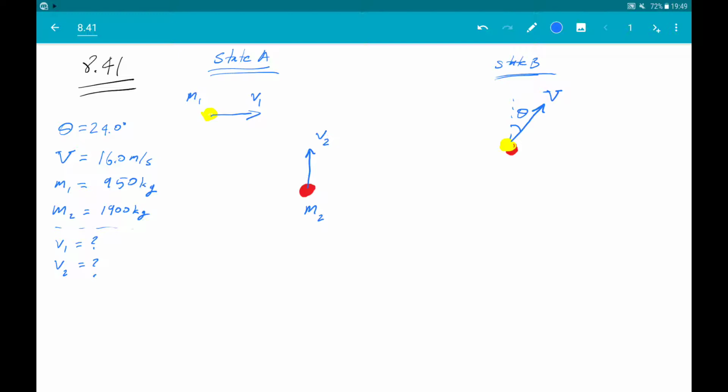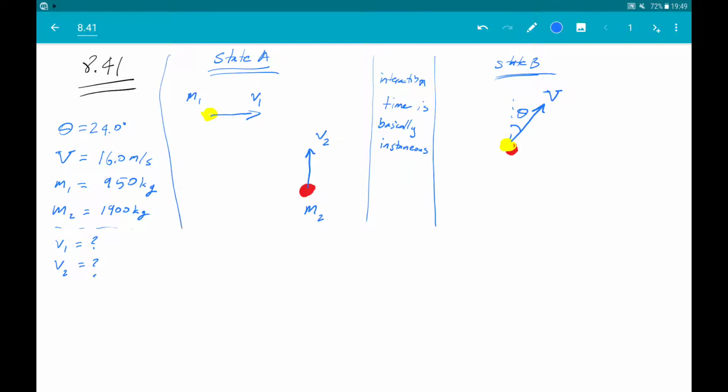The collision takes basically no time. If there was some region of time, this is the interaction time. Think of it as basically instantaneous.